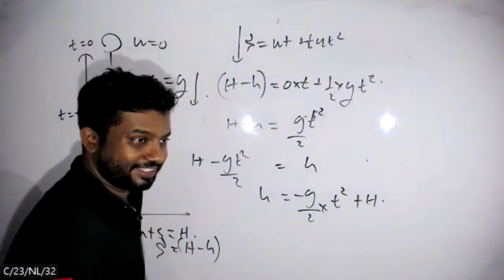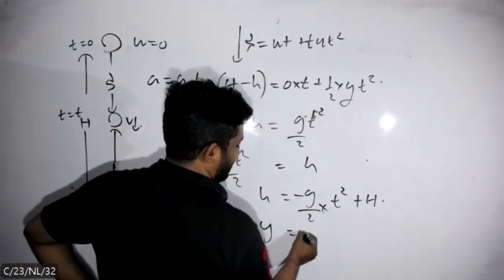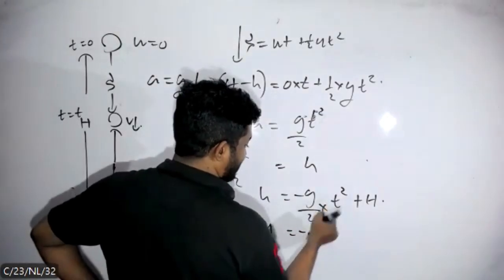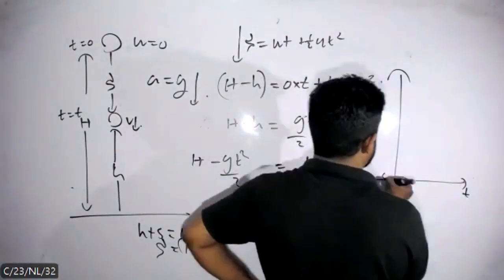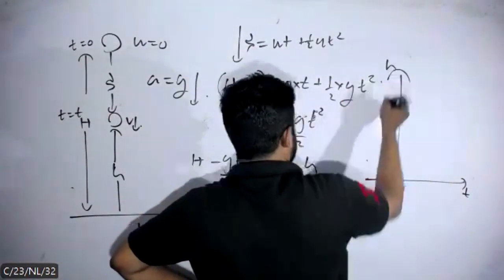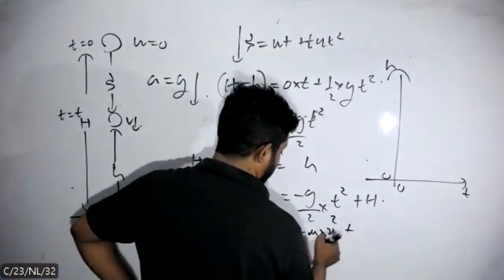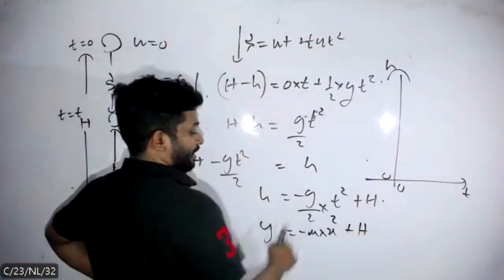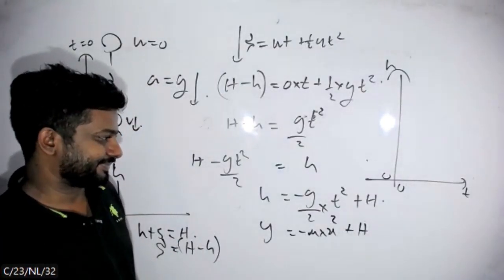What is the general relation? y equals minus m x squared plus c. Here you need to draw the relationship between t and h, not t squared and h. T and h, then minus x squared plus h. Got it? Right.